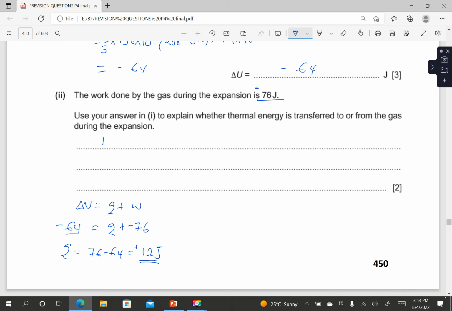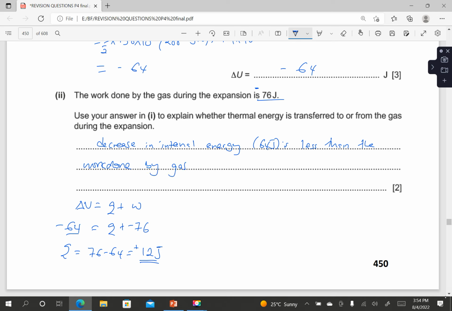So I'm saying the decrease in internal energy, that is 64 joules, is less than the work done by the gas.